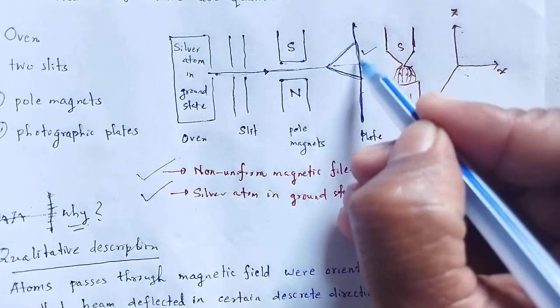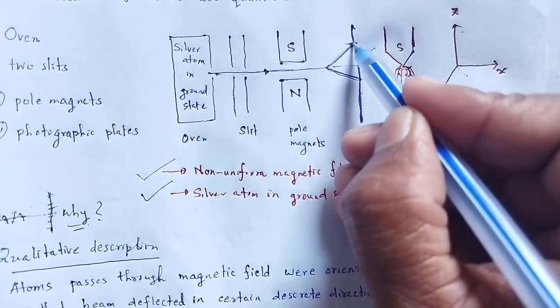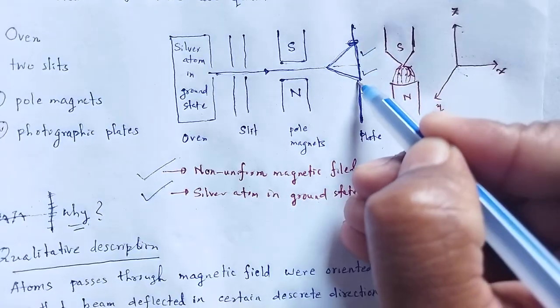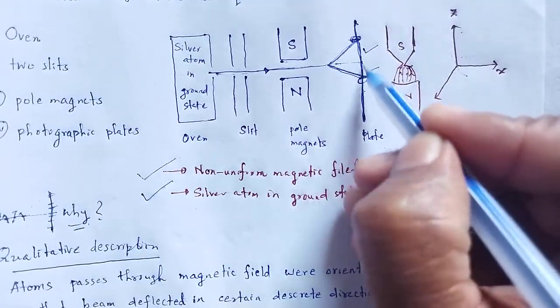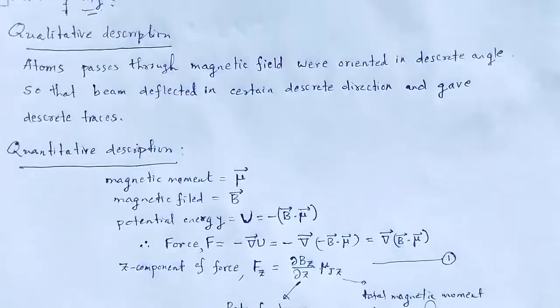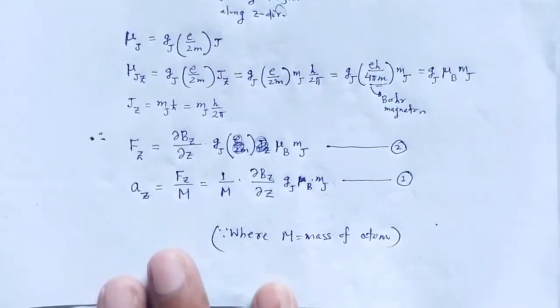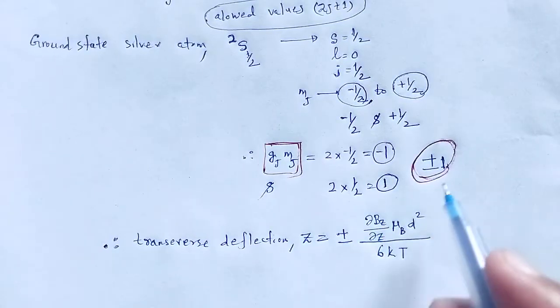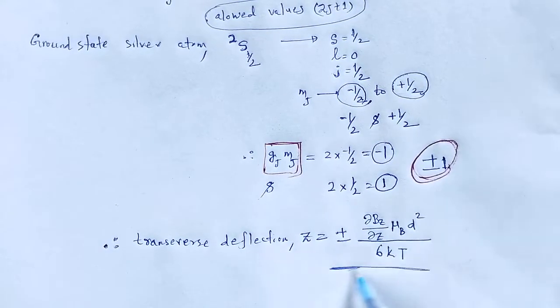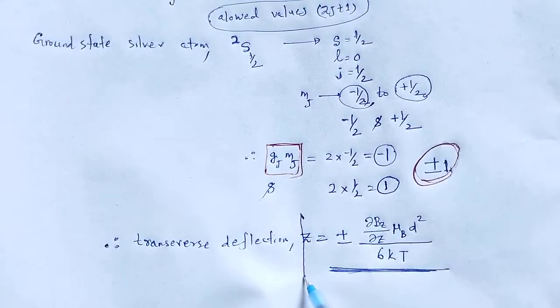This is the transverse direction. At one point we get one trace, at another point we get another trace, two traces are found. So qualitatively and quantitatively we get the result. These are the two discrete values found here.